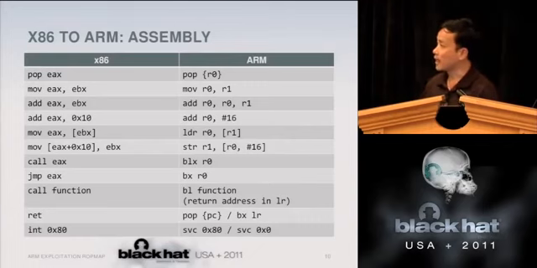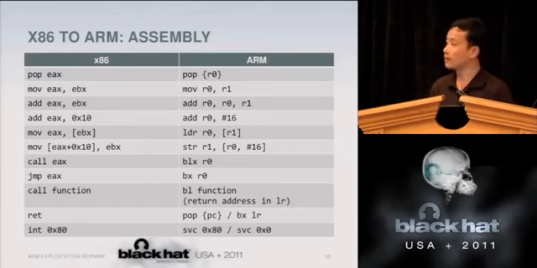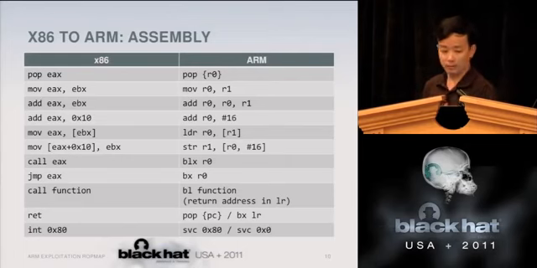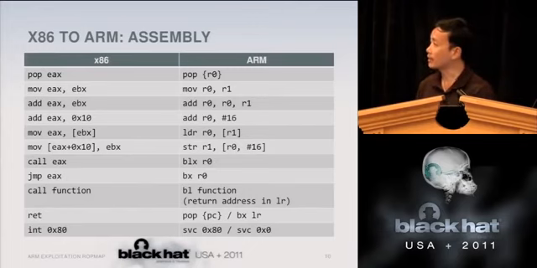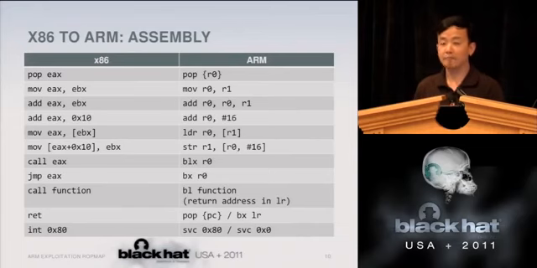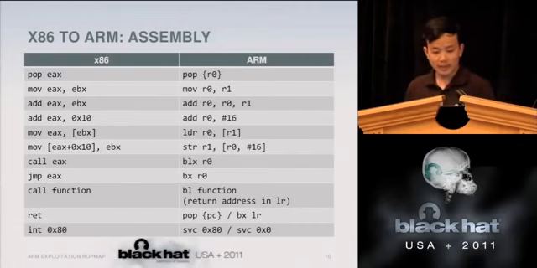For data movement, we have the move instruction, the same in both architectures, like move from a register to another register. For arithmetic operations, we have the same instructions, add and sub, like add a register with a value or sub a register with a register. For loading and storing, they are a bit different.